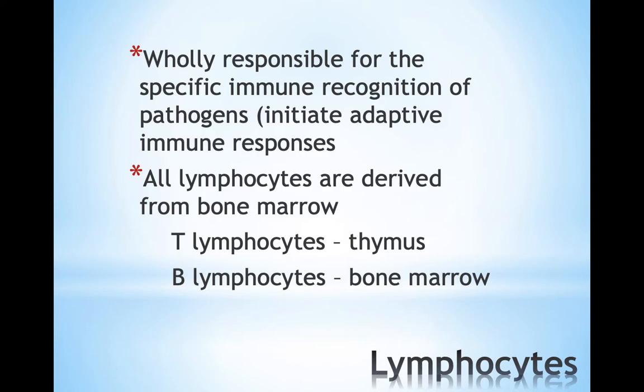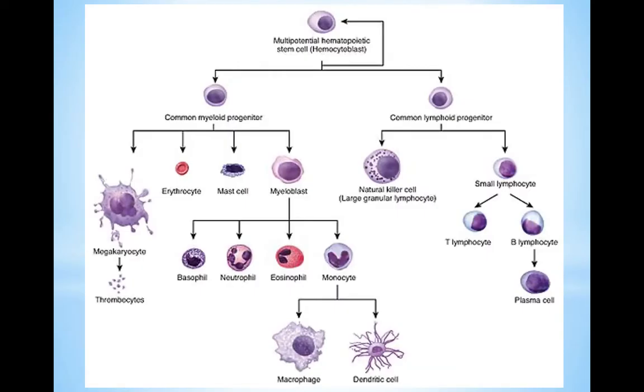Now, both B and T lymphocytes are derived from the small lymphocyte progenitor, which is derived from the common lymphoid progenitor of the multipotential hematopoietic stem cell or the HSC.